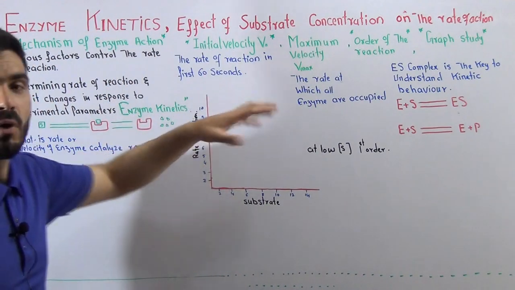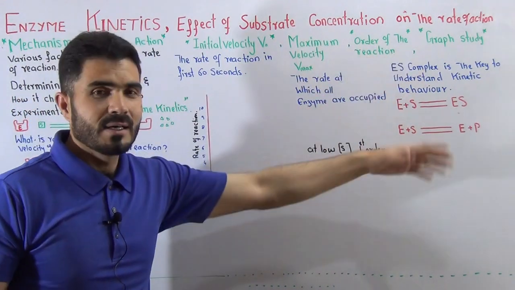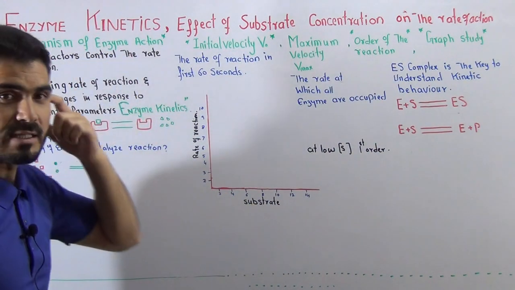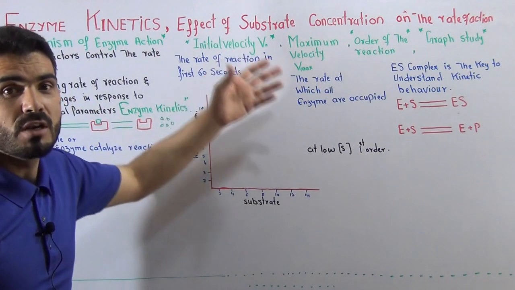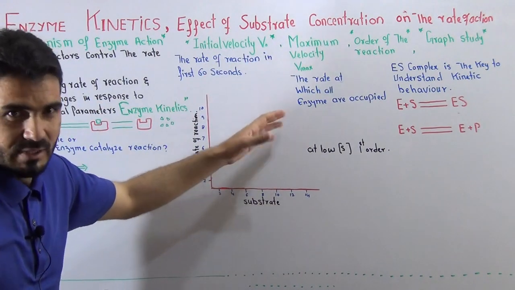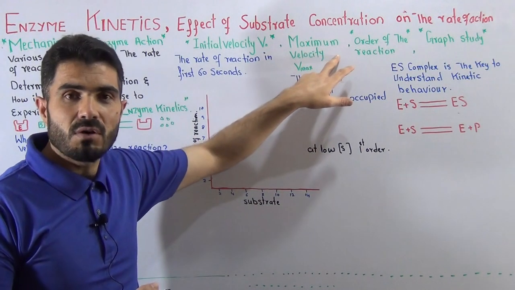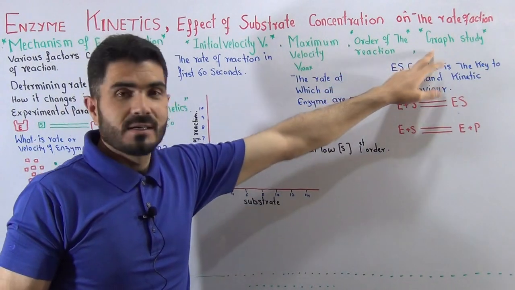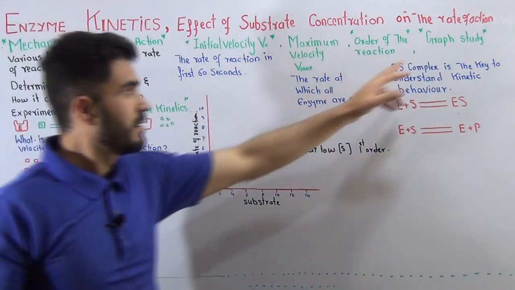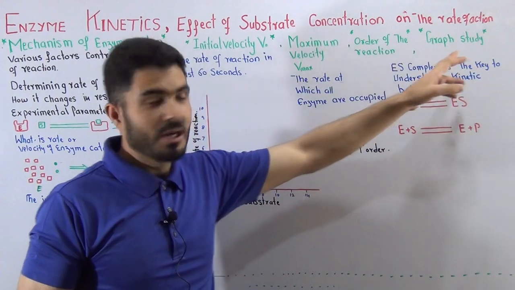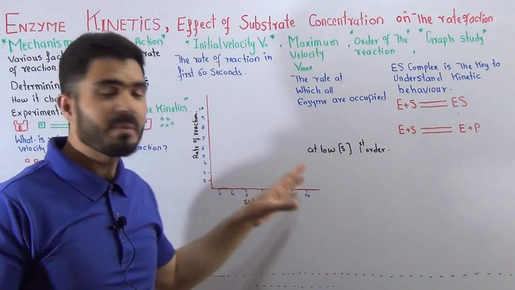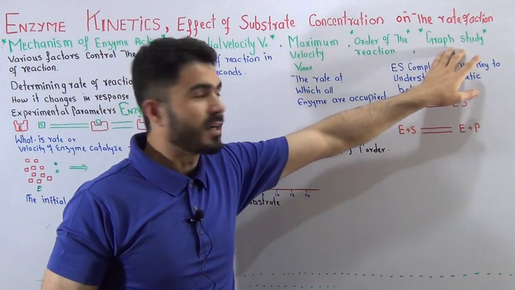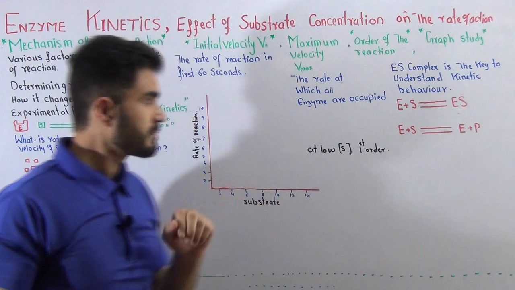The subheadings involved in this video lecture are mechanism of enzyme action, initial velocity or initial rate, what is meant by this, maximum velocity or maximum rate, order of the reaction, and the study of all this stuff with the help of a graph. Without a graph, the study will have no value at all. So I will share the graph with you in this lecture.